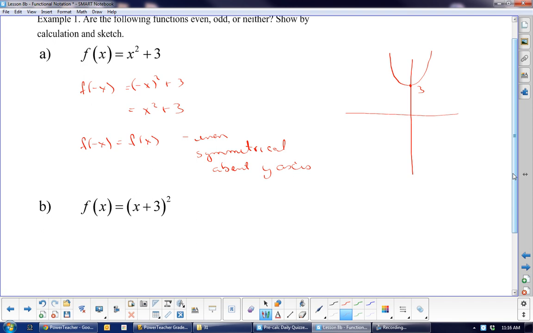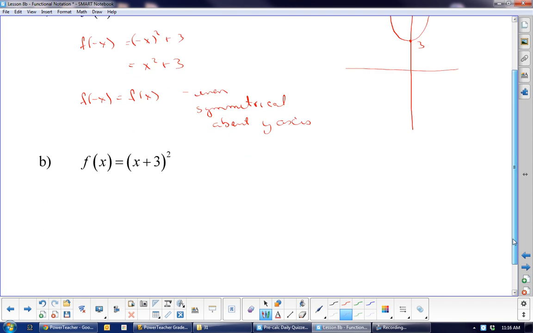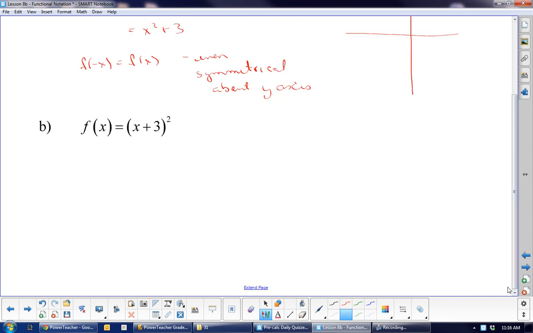Okay, so here's B. Now B, we don't know what it is. We'll try it out, see what comes out. So that's negative x plus 3 squared. Remember, this equals negative x plus 3 times negative x plus 3.